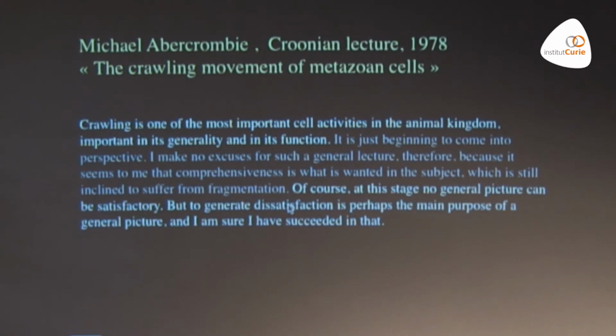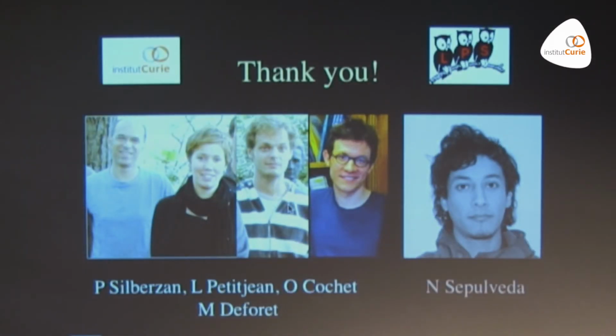Okay. So time for conclusion and lunch. I just took this conclusion from Michael Abercrombie in his Croonian lecture. Michael Abercrombie is the guy who pushed a lot this social behavior of cells starting in '53. And he gave this Croonian lecture just before he died. So that's the conclusion.